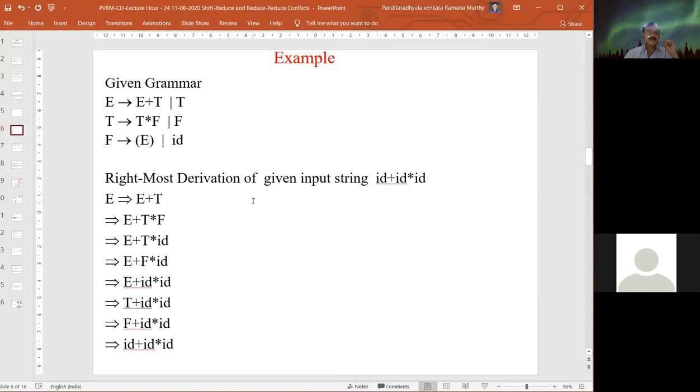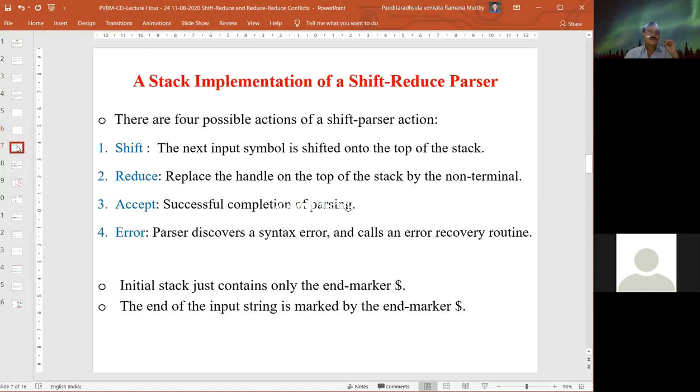This is called the rightmost derivation. We will elaborate these operations using the parser implementation with a stack.